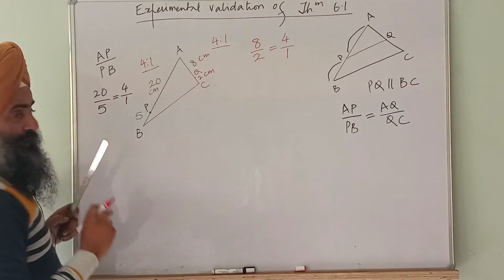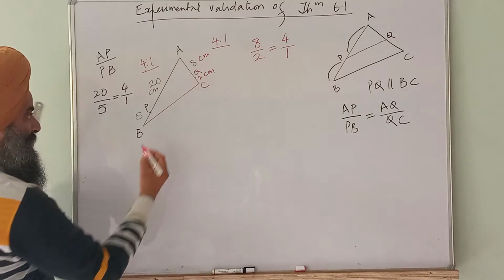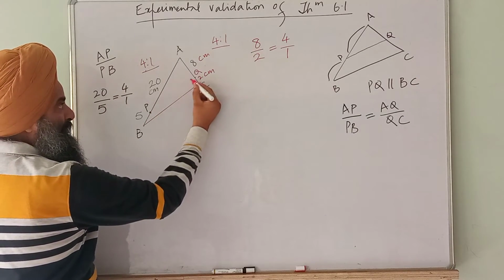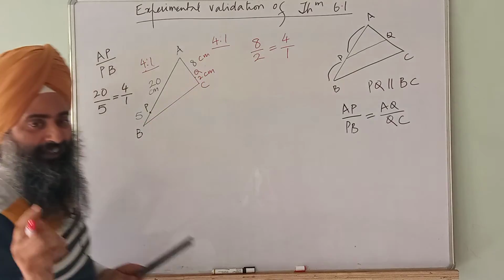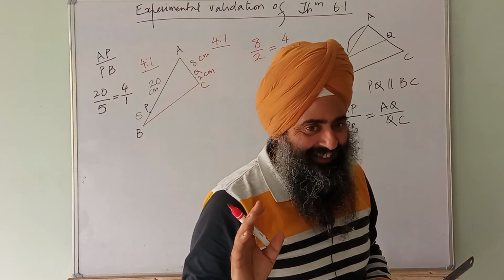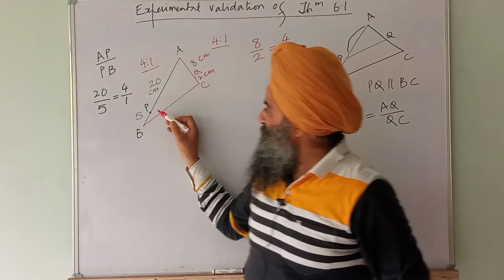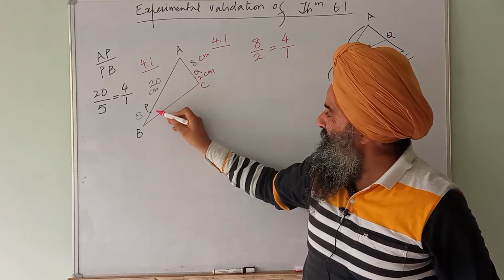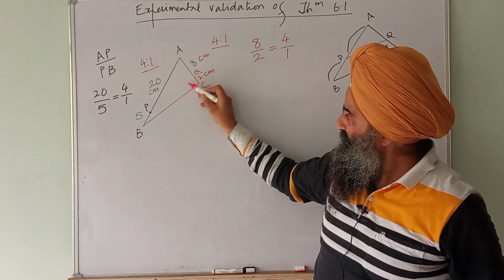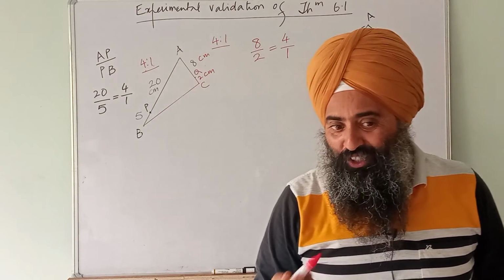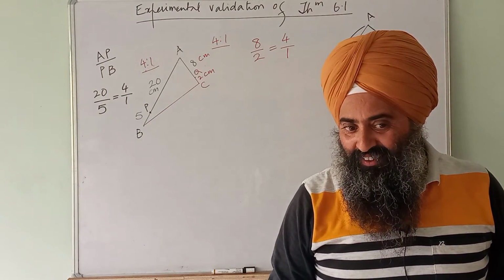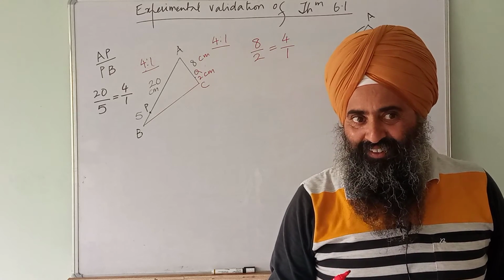Now, what is experimental validation? If I join these 2 points P and Q, this line will be, according to the theorem, what? Any student?